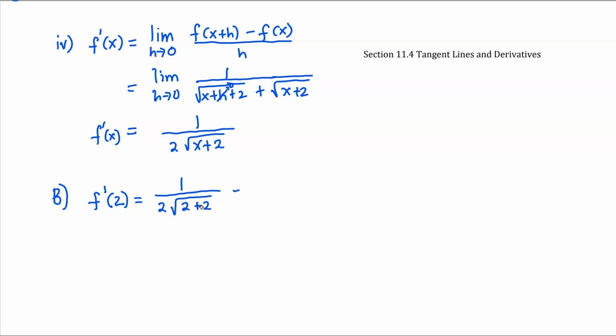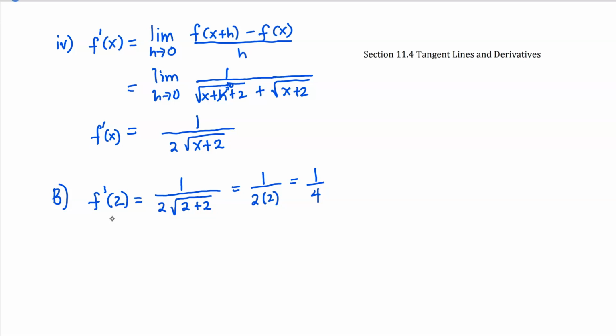So therefore, this is equal to 1 over 2 times 2, which is equal to 4. So it's equal to 1/4. Now, f prime at 2 is also interpreted as the slope of the tangent line at x equals 2.